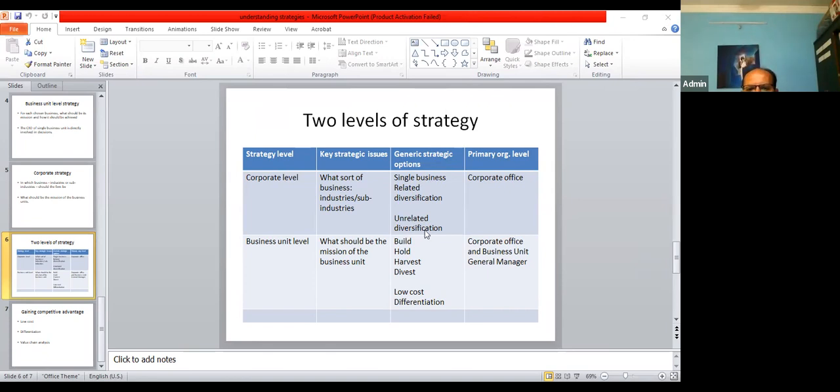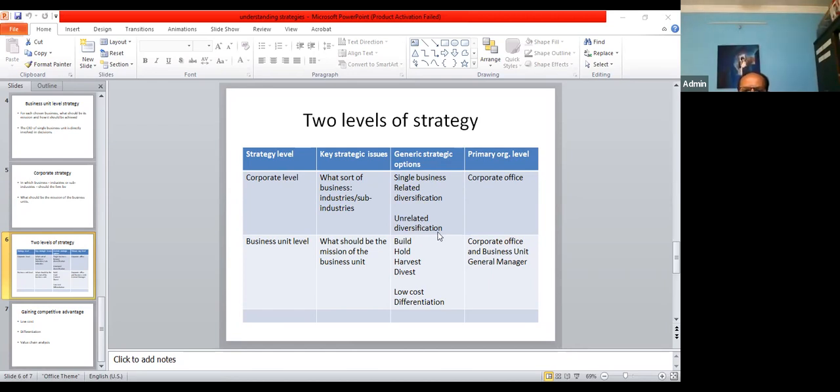Now, what is related diversification? Let me give the example of the pharmaceutical industry. A pharmaceutical company may produce drugs and medicine. It may also focus on a product related to kids. This is an example of related diversification.